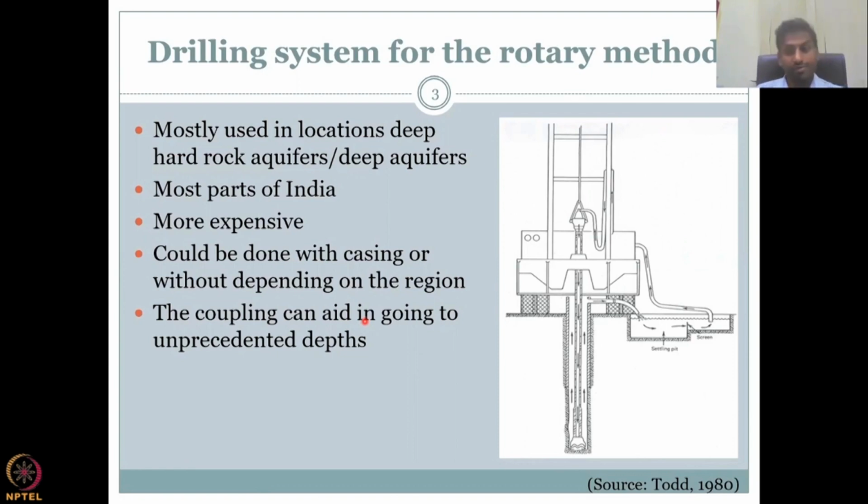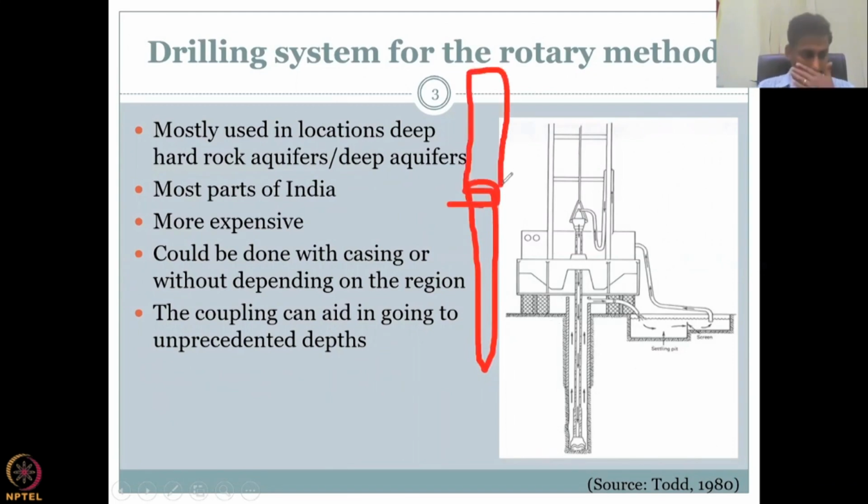What you saw in the drive point, what we saw is there is a coupling of wells, right? So you have a drive, and then you couple it to another length, and you can keep on adding the length based on the depth you want to go for the well.